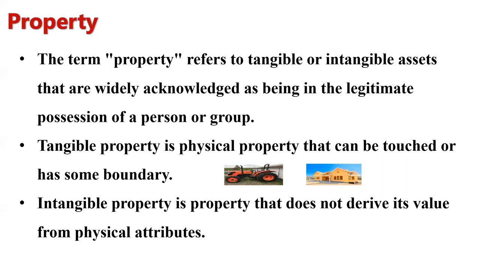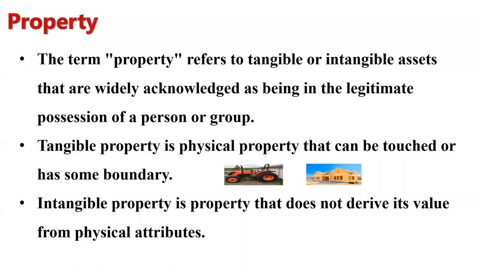If you see what property is, it refers to the tangible or intangible assets that are widely acknowledged as being in the legitimate possession of a person or group. Here I am using two terms, tangible and intangible. In general terms, property, what we understand is land or a vehicle, which is tangible because these are physical property. You can see the boundaries and you can touch it.